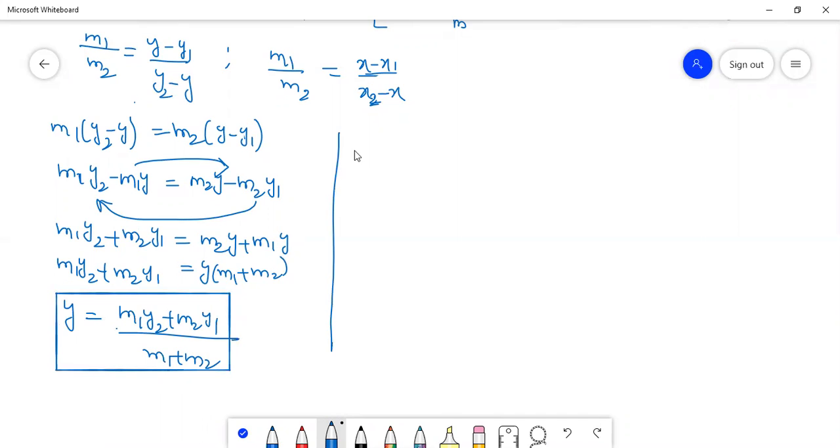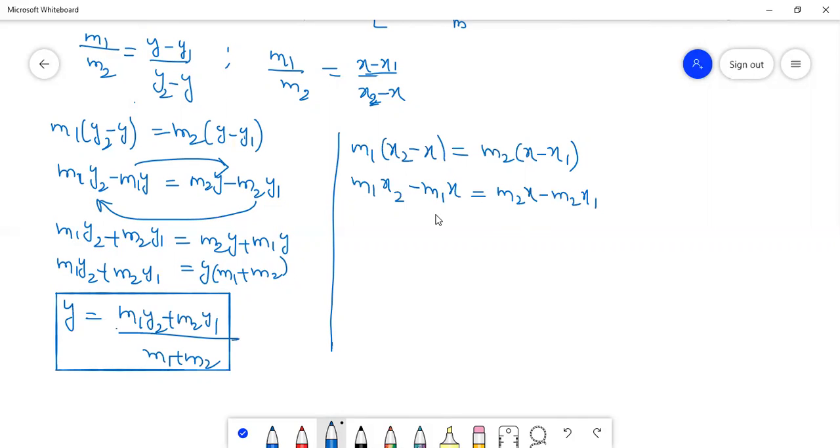From this, m1 into x2 minus x equals m2 into x minus x1. Then distributing, m1 x2 minus m1 x equals m2 x minus m2 x1. Taking the x terms to one side, m1 x2 plus m2 x1 equals m2 x plus m1 x.